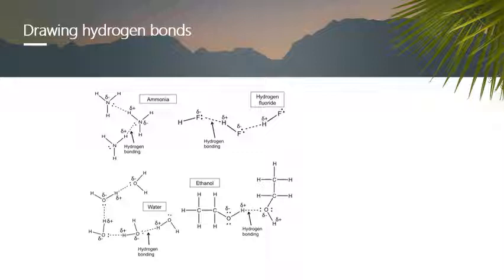So how do we draw it? So there are a few requirements for drawing it. I've drawn here for ammonia, HF, and H2O. So first, we need to draw it out, and we need to put the delta plus and delta minus.